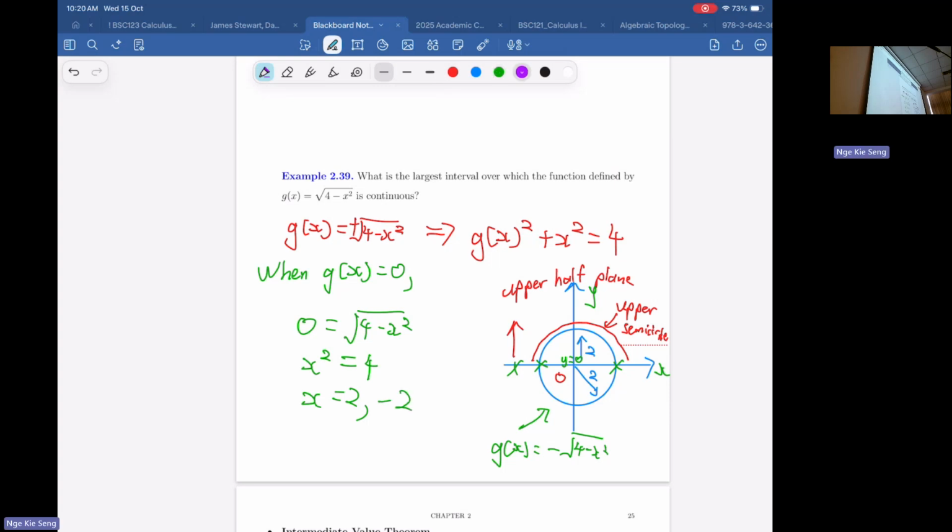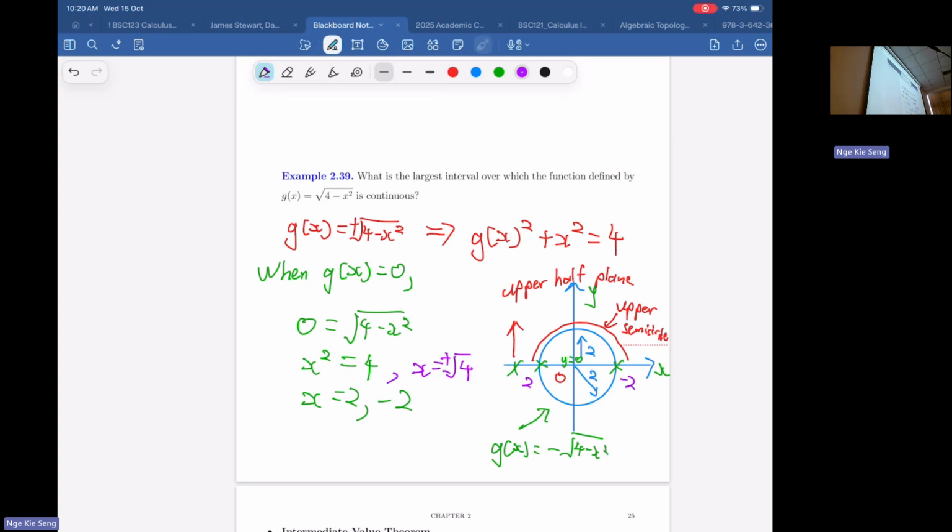There's maybe a problem here: people will just write x equals 2, which is not true. You actually need to solve by plus minus. This is the subtlety between the square root function and finding a square. The square root function we only define for the positive. So the points are 2 and minus 2.